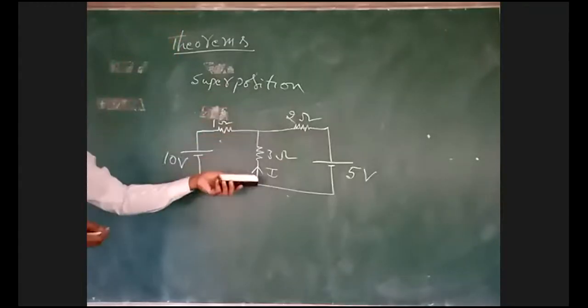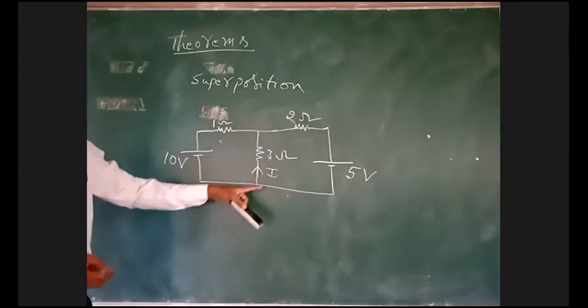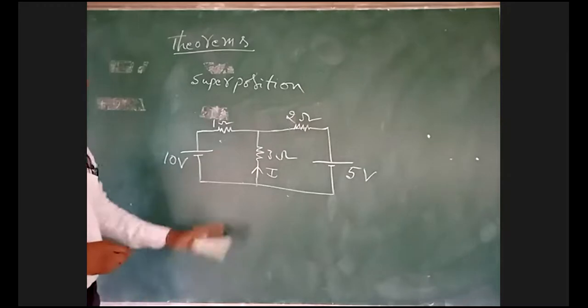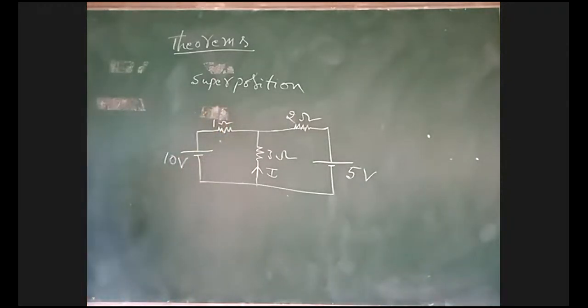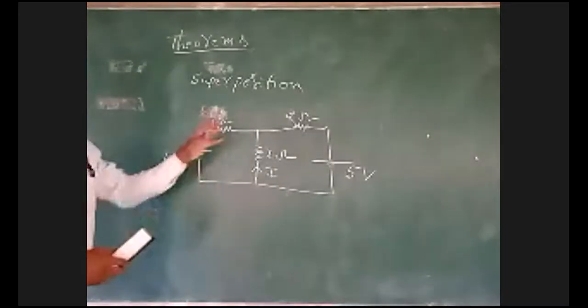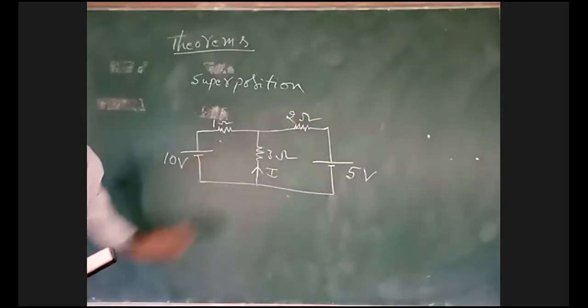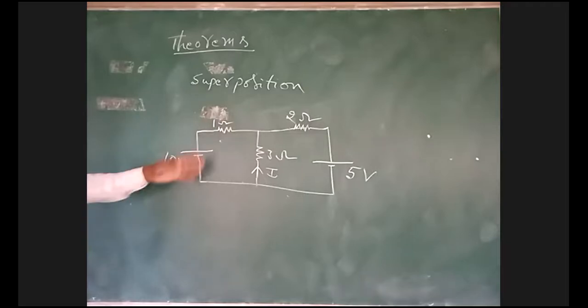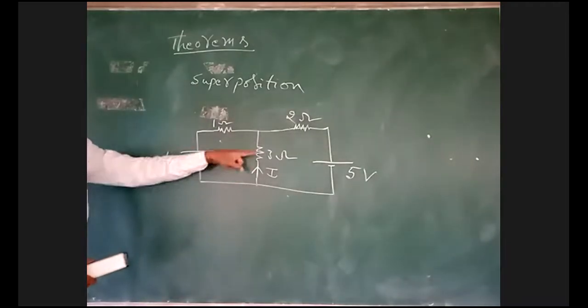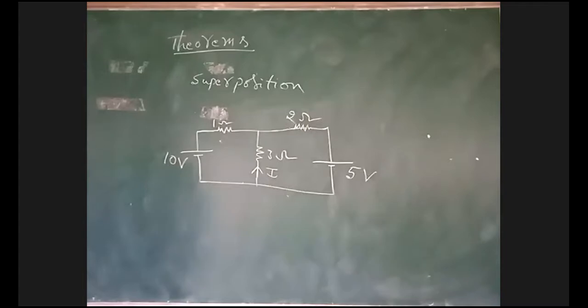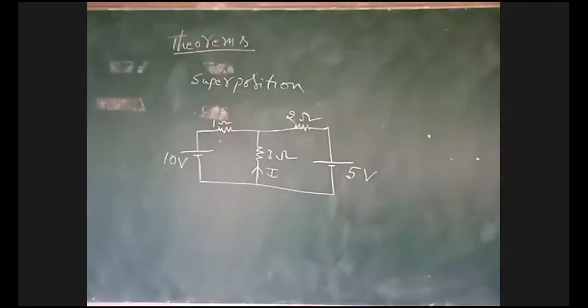See here, in the problem he is asking us to determine the current I in 3 ohms by using superposition theorem. So, what superposition theorem states is this is a linear bilateral network. In a linear bilateral network, the current in any branch. So remember one thing, in theorems, they ask to determine the current in any one branch, not in all branches. Please note this down.